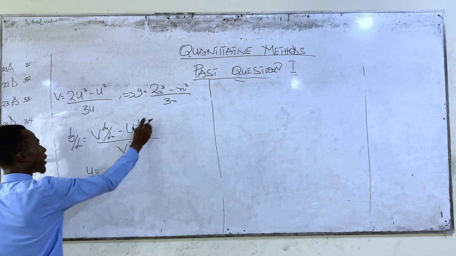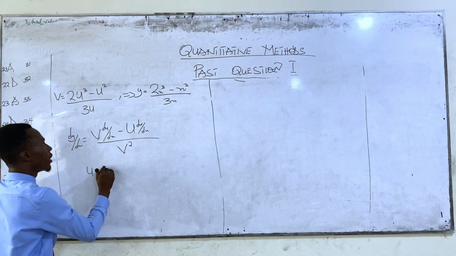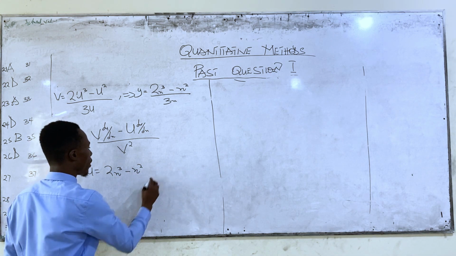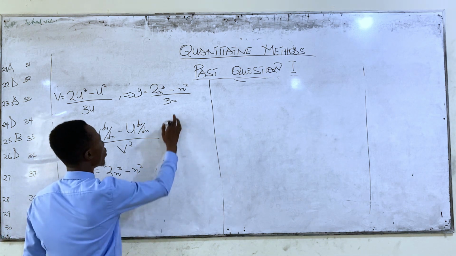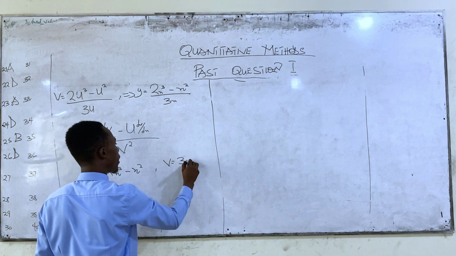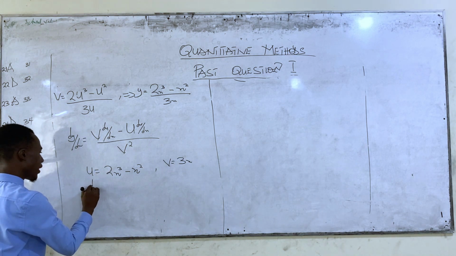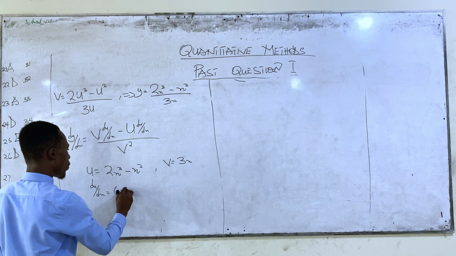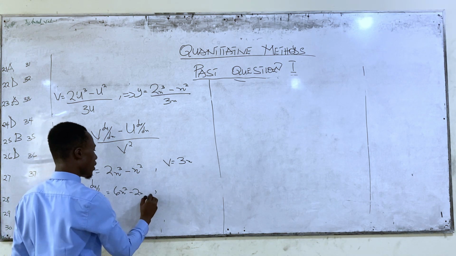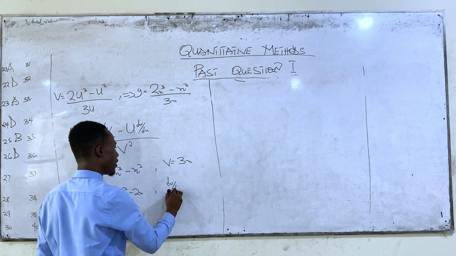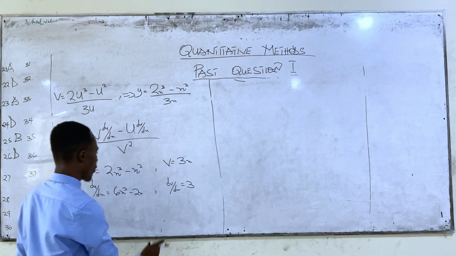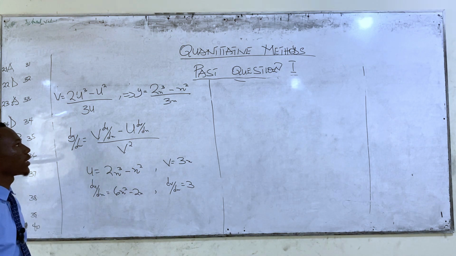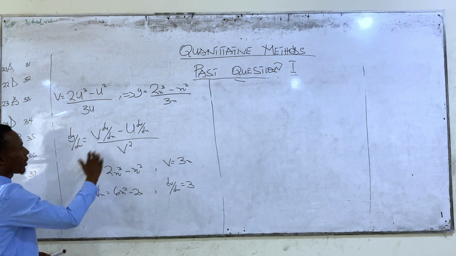Our u, we are now looking at it this way, is 2x cubed minus x squared. Then our v is equal to 3x. So du dx is equal to 6x squared minus 2x. Then dv dx is equal to 3. Since we have all the parameters here, all we need to do is substitute them.